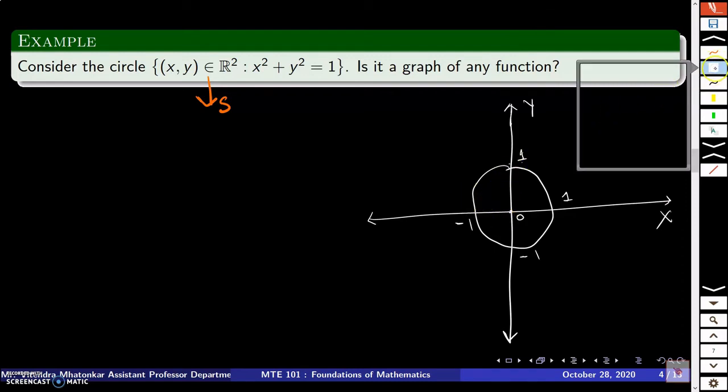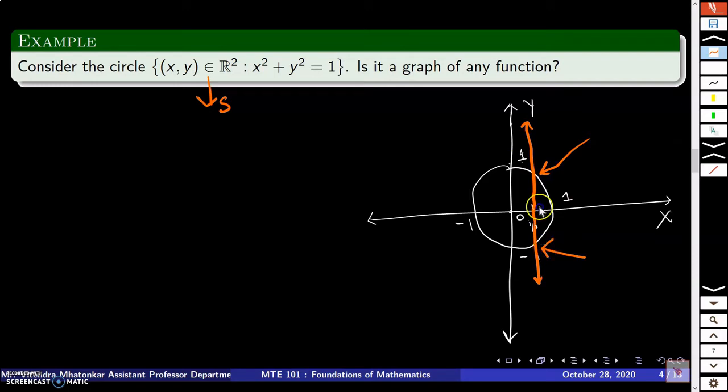If I take the point half here and draw the line passing through half, then that line will be like this. Assume it's a straight line. You can see that it is touching the set at 2 points.